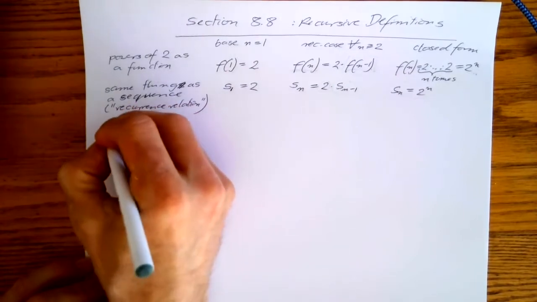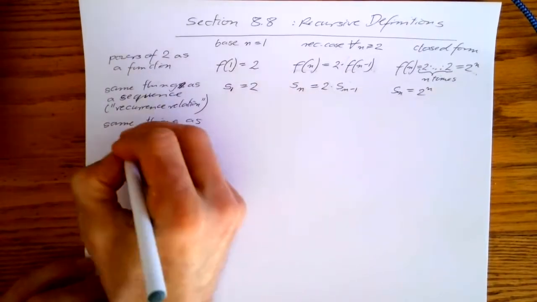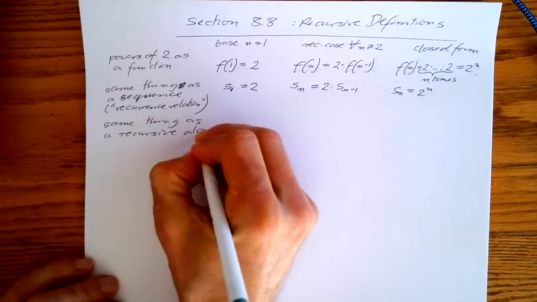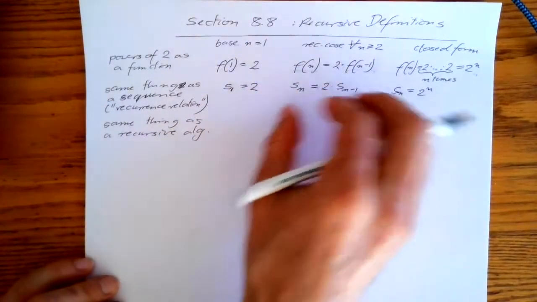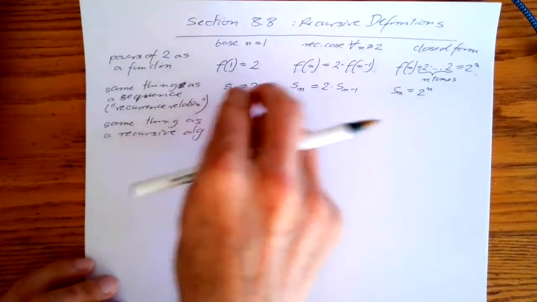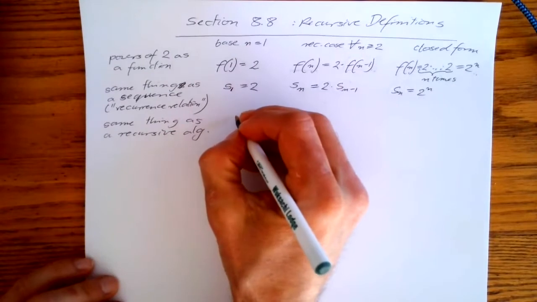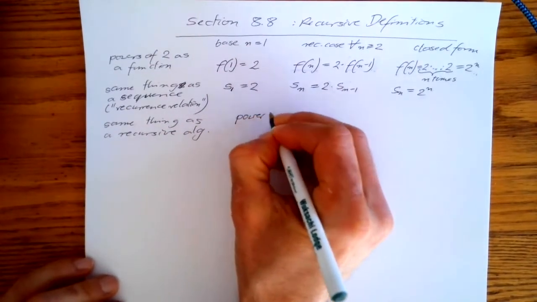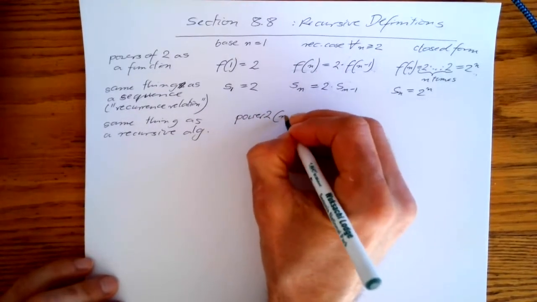How about the same thing as a recursive algorithm? How did it look? Well, not in these separate pieces, but as a single piece of code, just a visual thing. Let's say we have an algorithm power2 with input n.